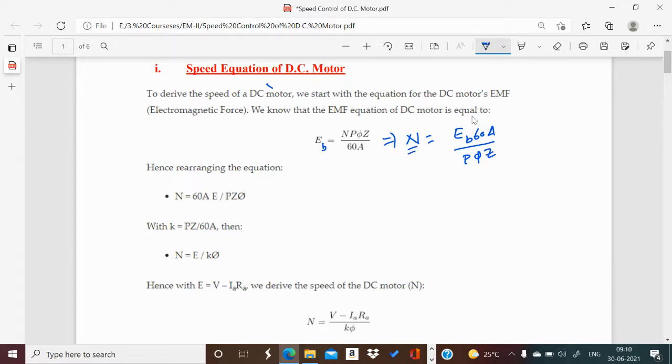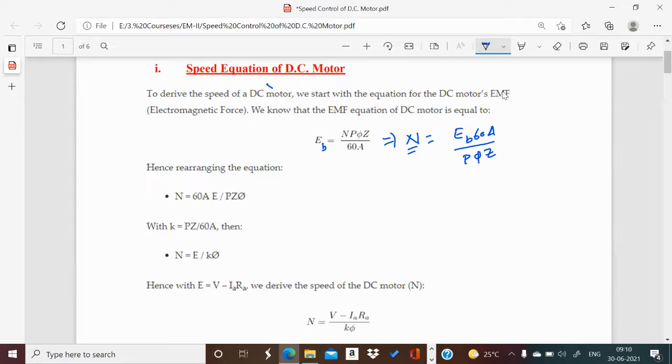This will be the speed equation, where N is the speed. As we know, N is the speed, P is the number of poles on the stator, φ is the flux developed per pole, Z is the number of conductors, A is the number of paths, which depends upon whether it is wave connected or lap connected.